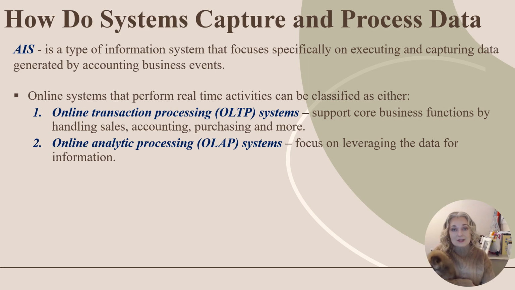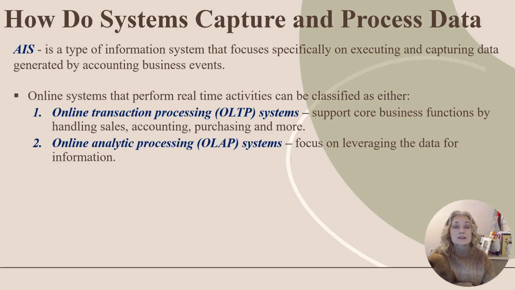Online transaction systems support core business functions by handling sales, accounting, purchases, and more. So they just capture the business events, whereas our online analytic processing systems focus on leveraging the data for information.